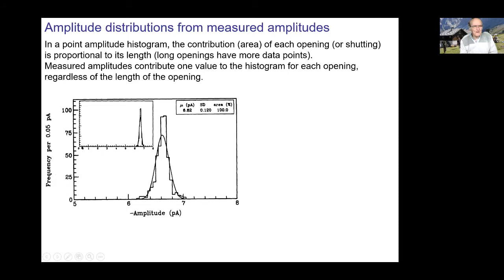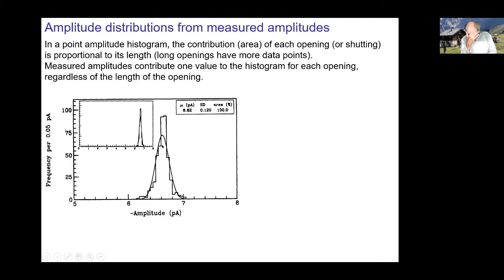Here's an example of a channel of about 6 and a bit picoamps. That's plotted over the whole scale from 0 upwards. You can see that there's a nice tight distribution of amplitudes. If we blow up the bit between 6 and 7 picoamps here, we can see that this Gaussian fitted to it doesn't in fact fit particularly well, though the distribution is pretty symmetrical, so this will estimate the average amplitude quite accurately.